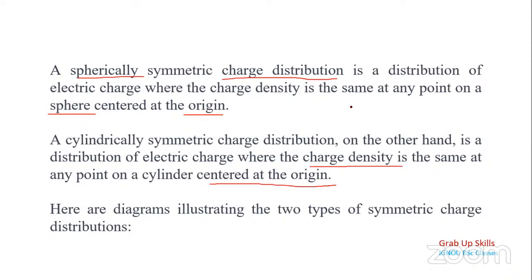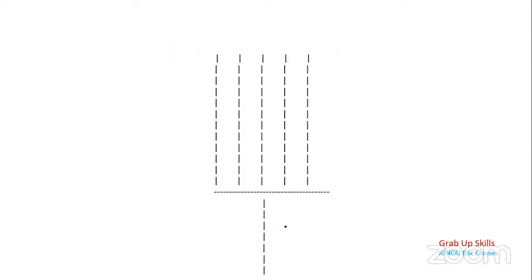So here it is a sphere, and here it would be a cylinder. That is the difference. Now we will see those two diagrams. This is the diagram that we are seeing.